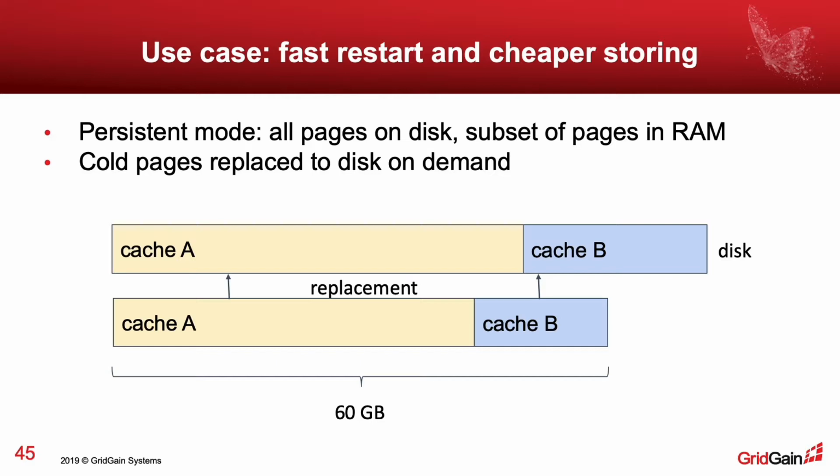So all of your data set will be present on disk, and only the hottest pages will be present in memory. And you still have the durability guarantees. If you reboot your cluster in such a state, the state of all pages, independently of whether they are present on disk or in memory, will be recovered.